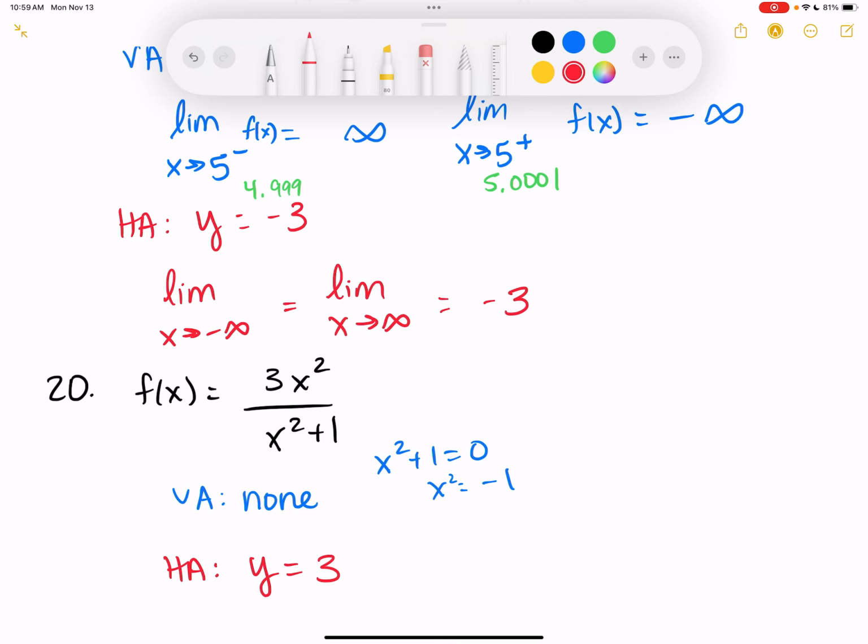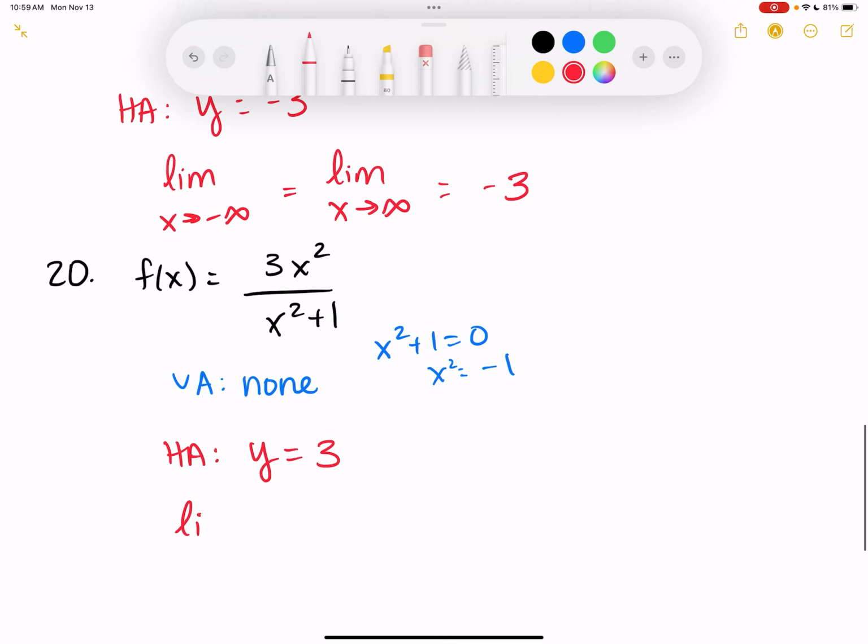So then again with the limits, the limit as x approaches negative infinity should be equal to the limit as x approaches infinity. And in that case, if I plugged in 500, 3 times 500 squared divided by 500 squared, I would get 3. And that would give me 3, obviously, in both cases. And so that would be how we would do those.